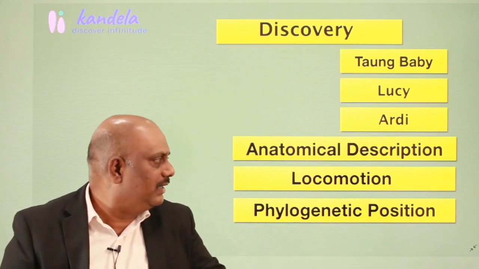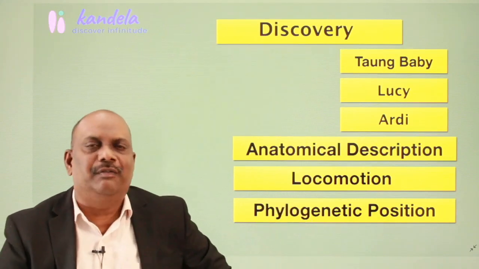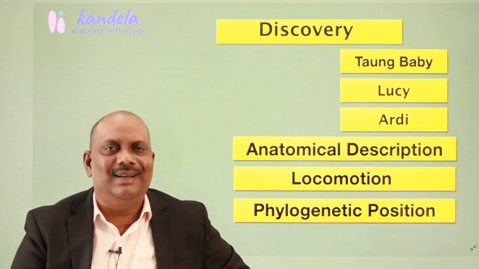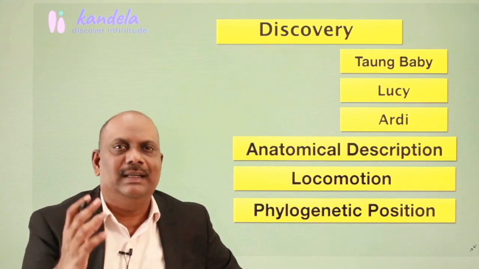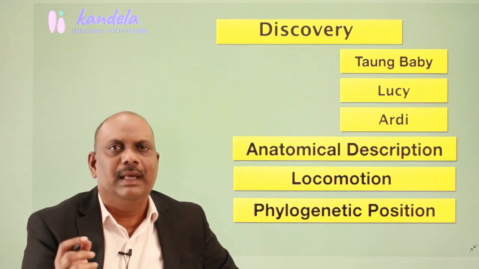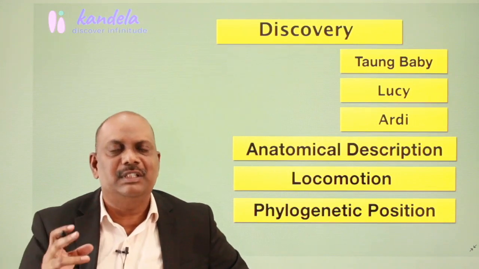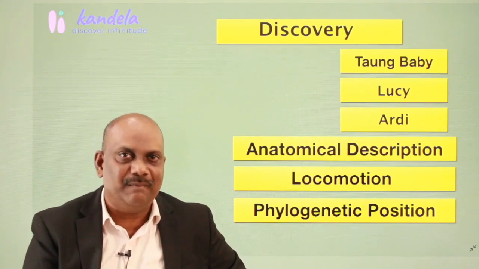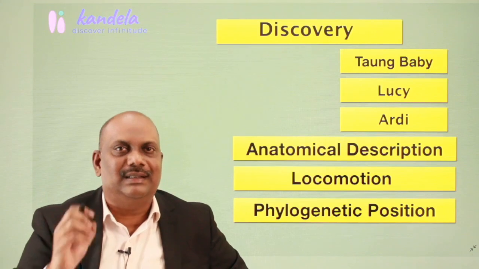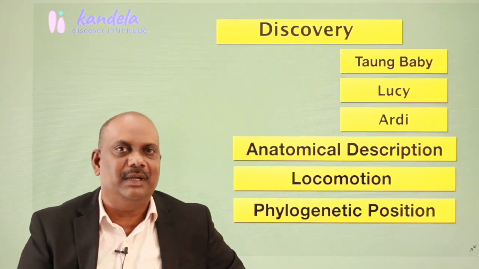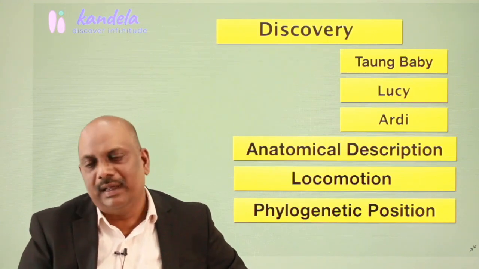That we will discuss in the phylogenetic position of Australopithecus. And I will also be introducing you to a number of anatomical terms which are very important in understanding these human ancestors, these primates. Okay, fine.